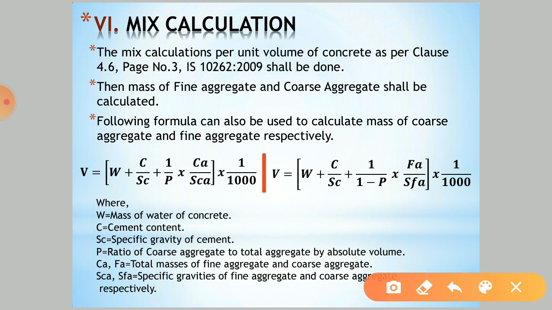In this step, just observe, we have used specific gravities. If they are not given in your problem statement, then you have to remember them. In your project work, or while doing your job at site, you have to calculate the specific gravity using the relevant IS codes that we discussed in prior slides.